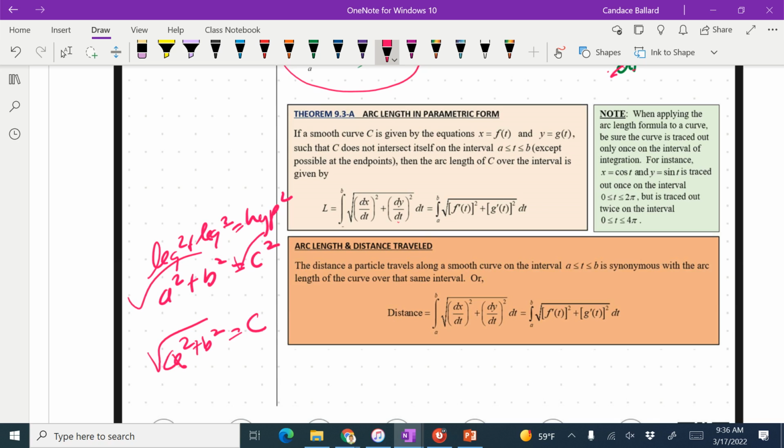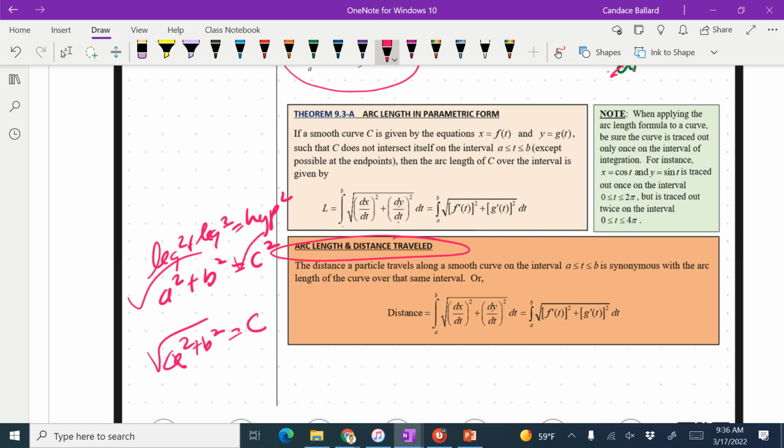It isn't the Pythagorean theorem, but it looks very much like the Pythagorean theorem. So if you think arc length and go, oh, Mrs. Ballard said something about the Pythagorean theorem, I know I've got to square my derivatives on the inside. Okay. There really isn't, they gave it to us in a couple of different forms.